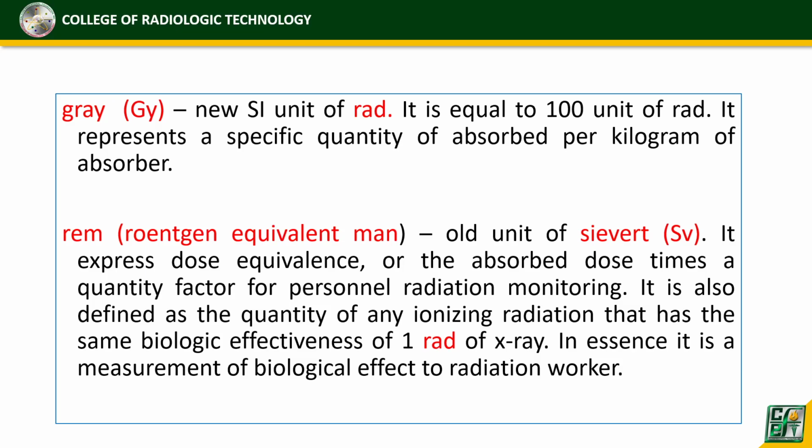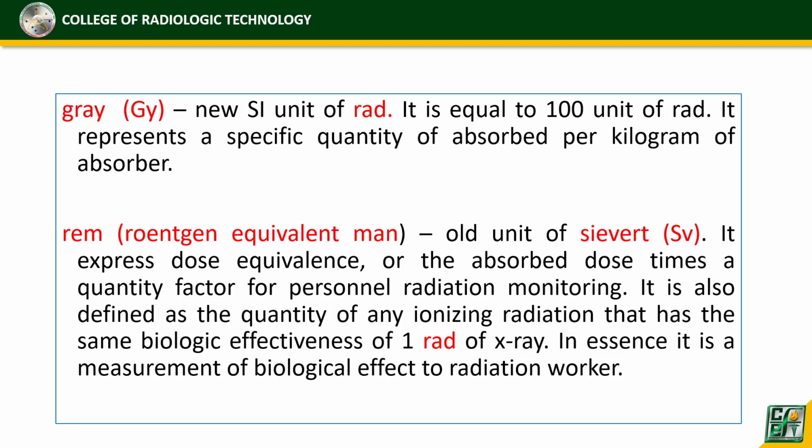It is also defined as the quantity of ionizing radiation that has the same biologic effectiveness of 1 rad of X-ray. Okay? So yun yung another definition ng REM. So siya ay quantity ng any ionizing radiation na nakaparehas ang biologic effectiveness ng isang rad ng X-ray.